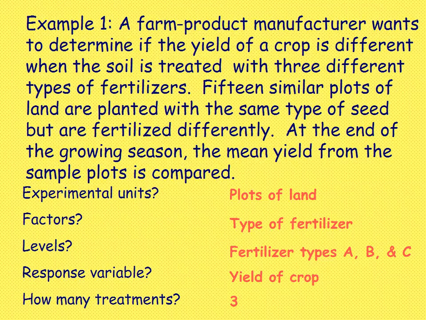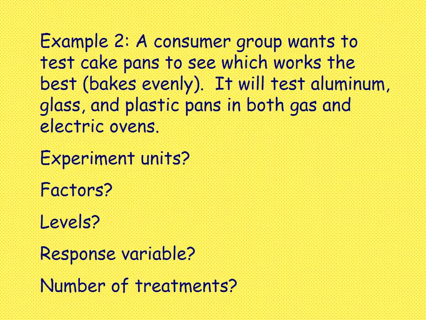Okay, another example. We want to test cake pans to see what bakes best. Best being an even baking. Okay, test aluminum, glass, and plastic pans in both glass and electronic ovens. Okay, so what are we experimenting on here? This is one of the tougher ones. We're experimenting on cake batter.